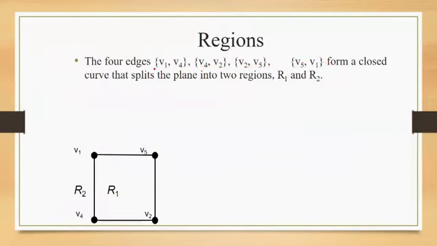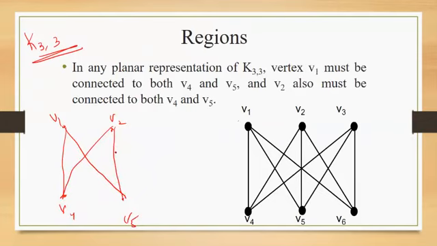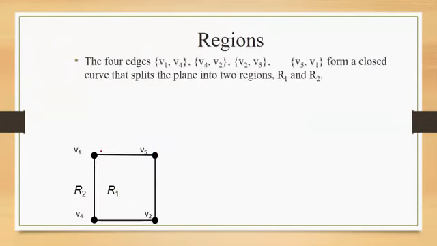If I take only the four vertices V1, V2, V4 and V5, I have four vertices and four edges, and I have got two regions.